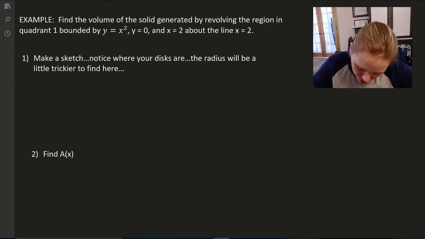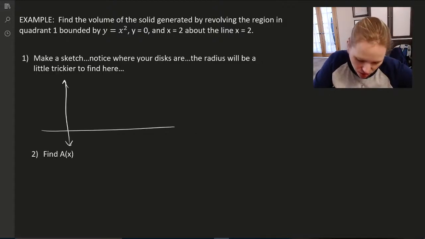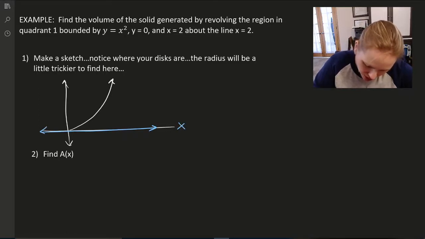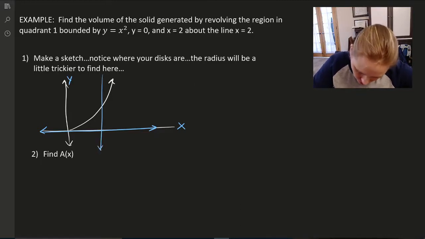Okay, so y equals x squared, oh, that's easy. Okay, that's that one. Y equals 0, that's the x-axis. Okay, so I'm going to label my axes here, x, y. Y equals 0, x equals 2. So this is x equals 2.